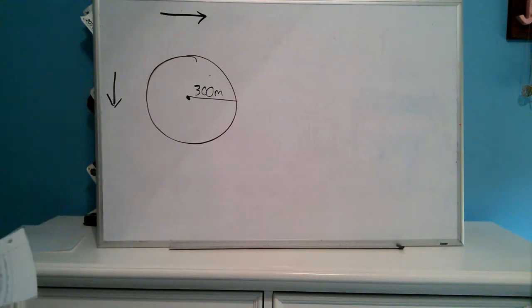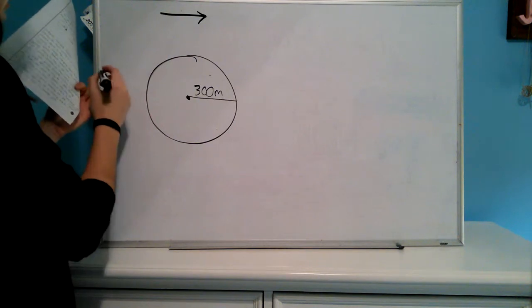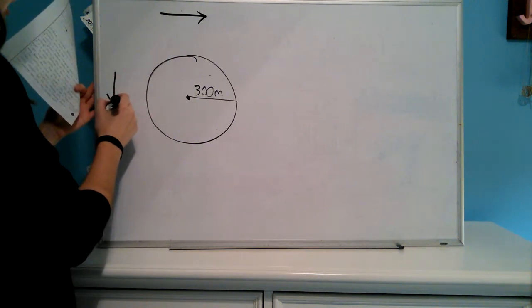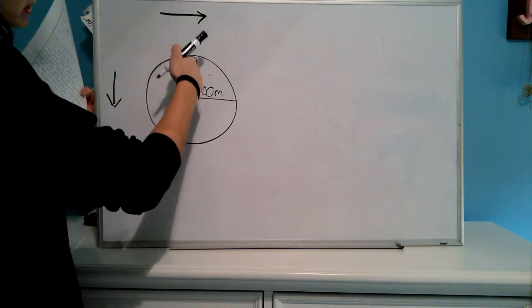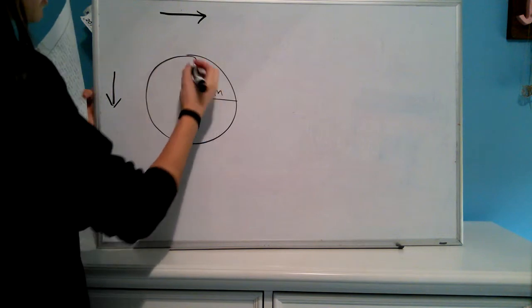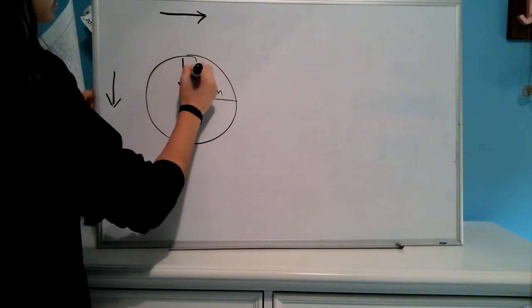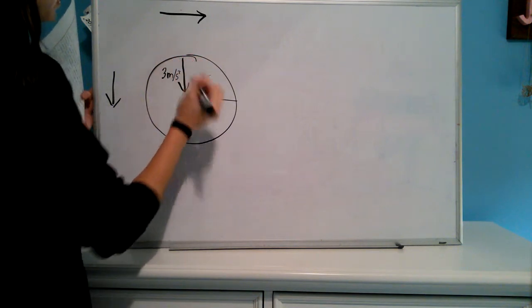Okay, so we also know that the acceleration of an object in uniform circular motion is always pointed towards the center of the circle. And since our acceleration is south, which is straight down, that means it has to be directly on top of the center, so that the acceleration is pointed directly at the center. Okay, so our acceleration is here at 3 meters per second squared.